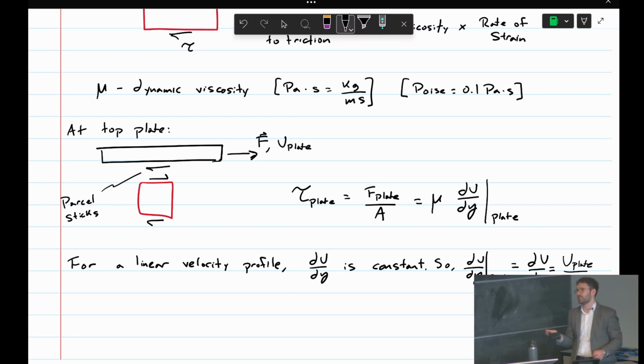Now, if we're given a moving plate, an area and a viscosity, we can calculate the force needed to do that. Are there any questions about that?